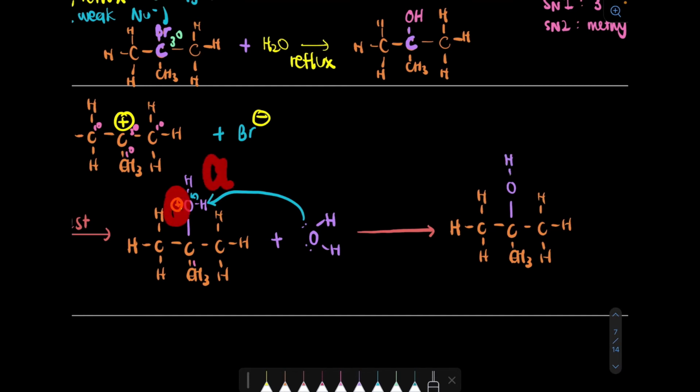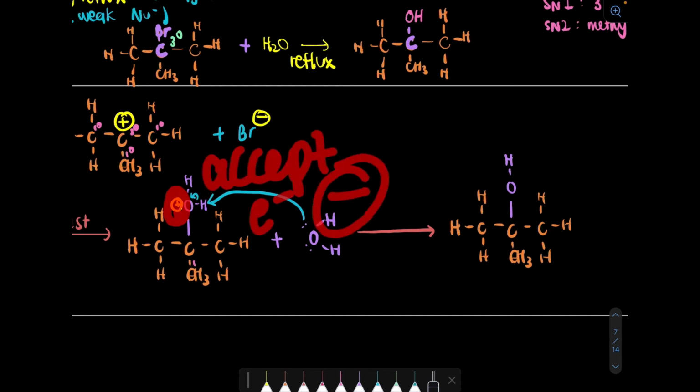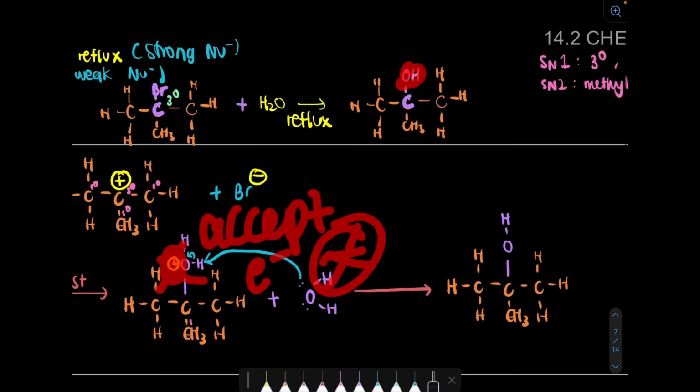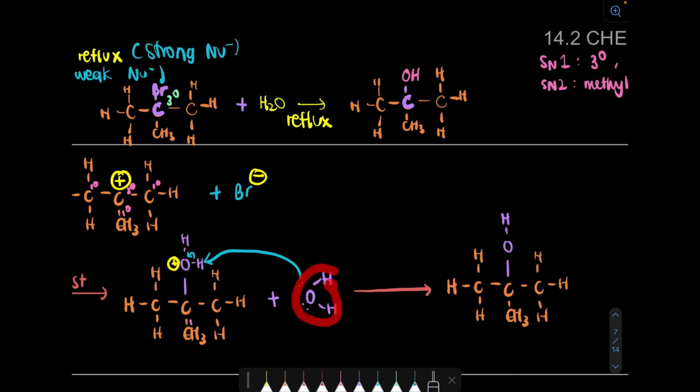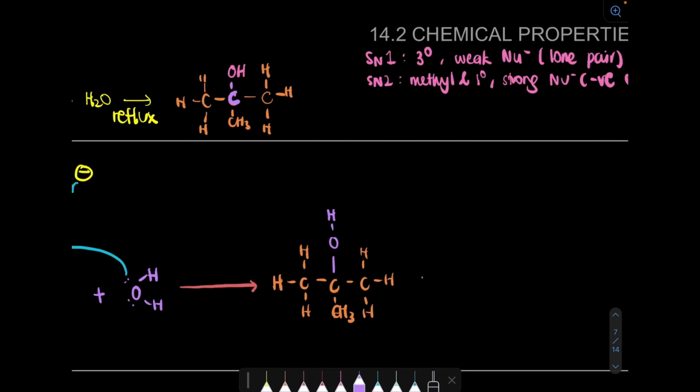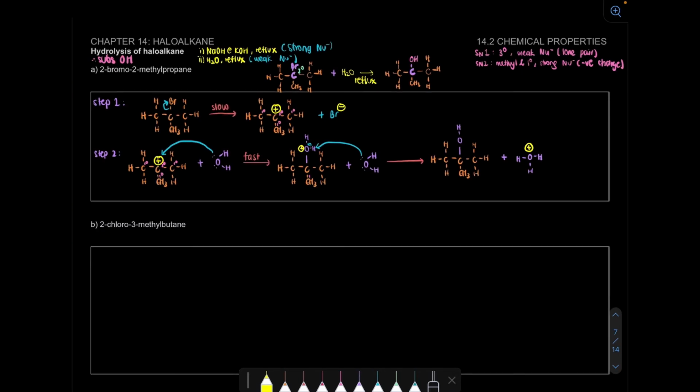Because it has accepted electrons, the negative charge makes it neutral. That's our product. Our H2O has accepted another hydrogen, so it becomes H3O+, or this is the expanded structure. So that is the mechanism for example A.